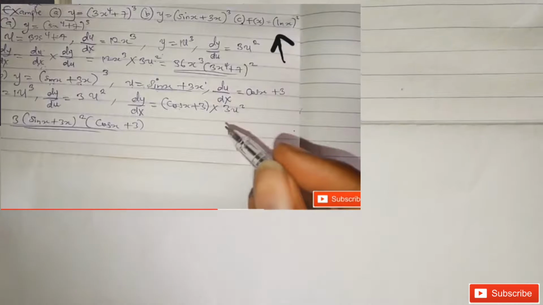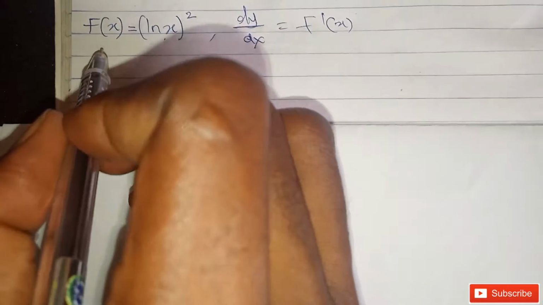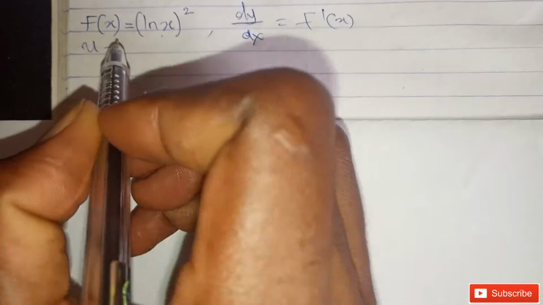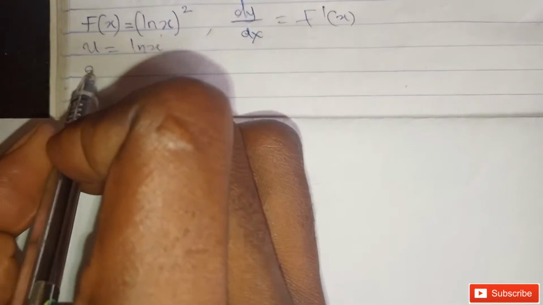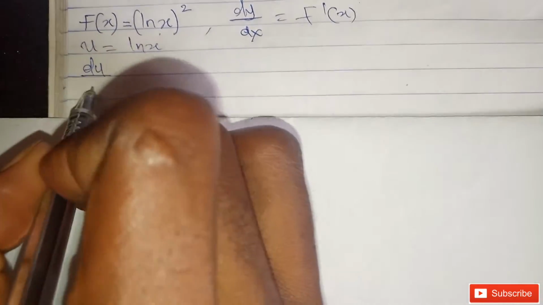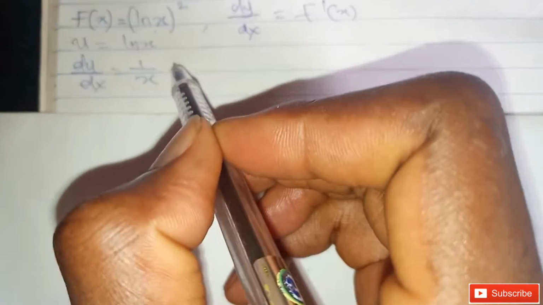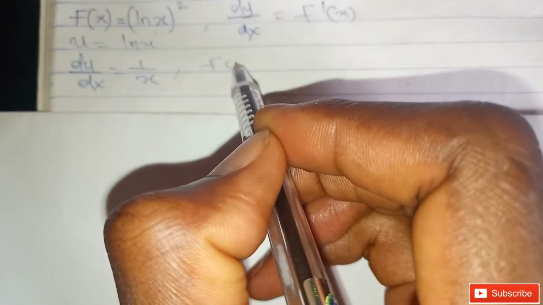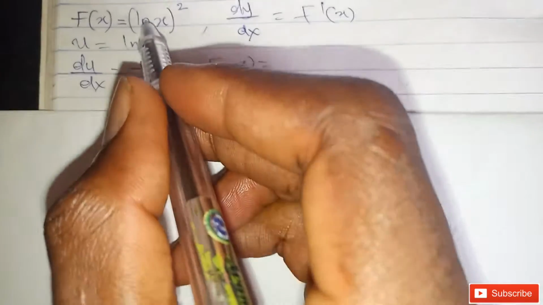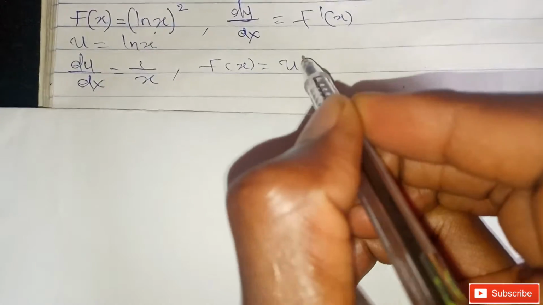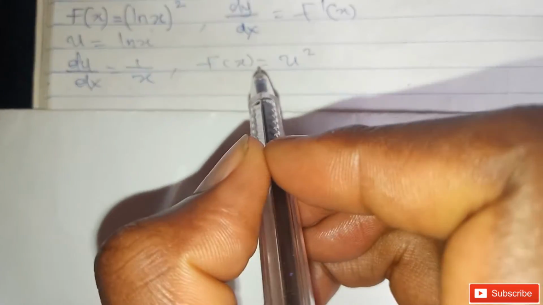All right, so the way to do this is just to let u equal to whatsoever is inside the bracket, which is ln x. So we differentiate that with respect to x. So du/dx will just be 1 over x. You remember that if you differentiate ln x, we have 1 over x. Then right now we just have f of x equal to u raised to power 2, right?